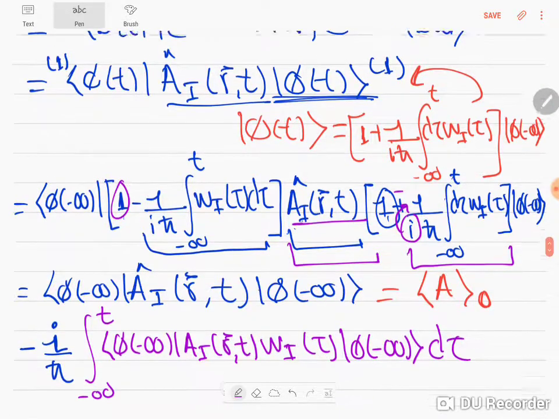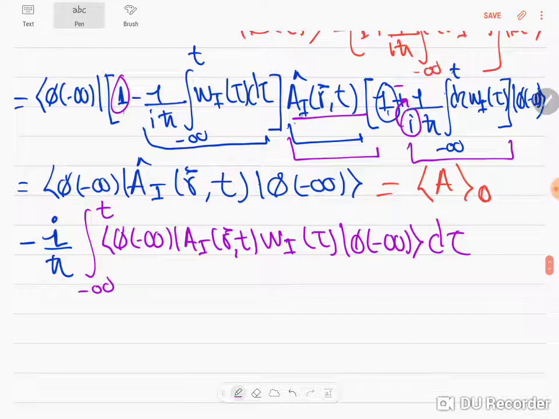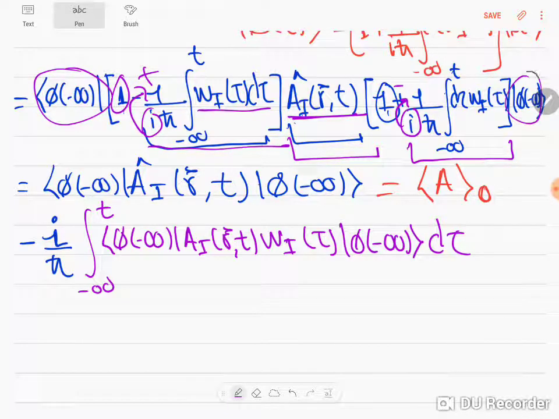And the second term: when we put this i upstairs it becomes a plus, and here the perturbation comes first and the operator comes later, both sandwiched between φ(−∞) and φ(−∞).